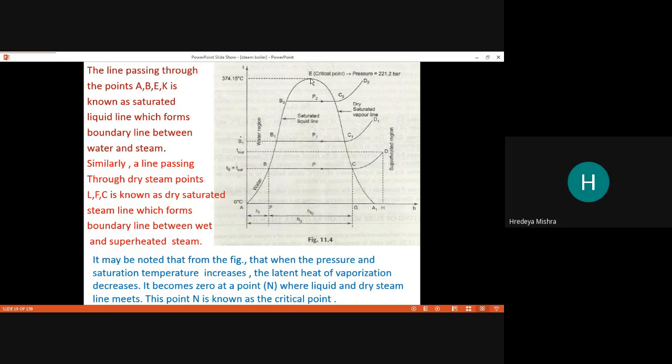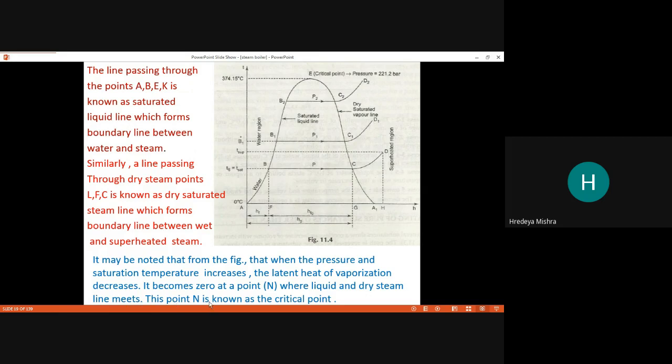So it may be noted from the figure that when the pressure and saturation temperature are increased, the latent heat of vaporization is decreased. It becomes zero at the point N, which is represented by E here, where the liquid and dry steam lines meet.